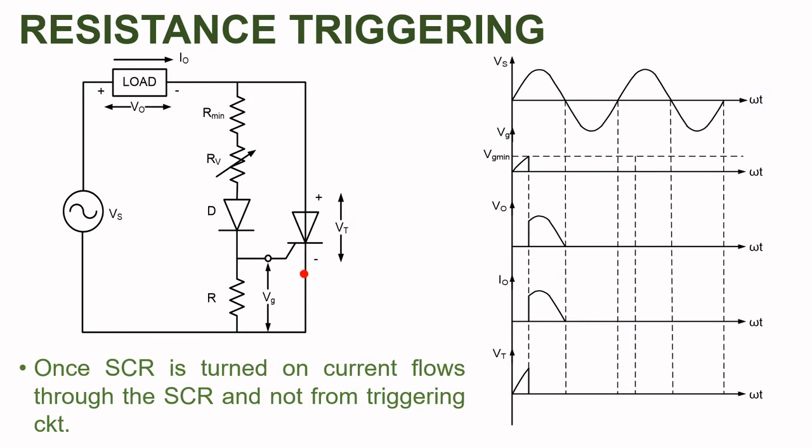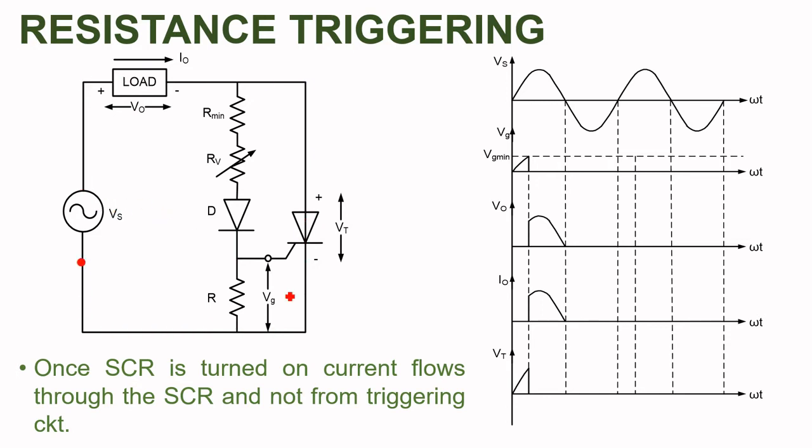Once the SCR is turned on, the current now will take the path from load to SCR as shown in the figure. It will not take the path of the triggering branch. Once the SCR starts conducting, the voltage across the load will be equal to the source voltage and the current flowing through the load will also be equal to the source current.